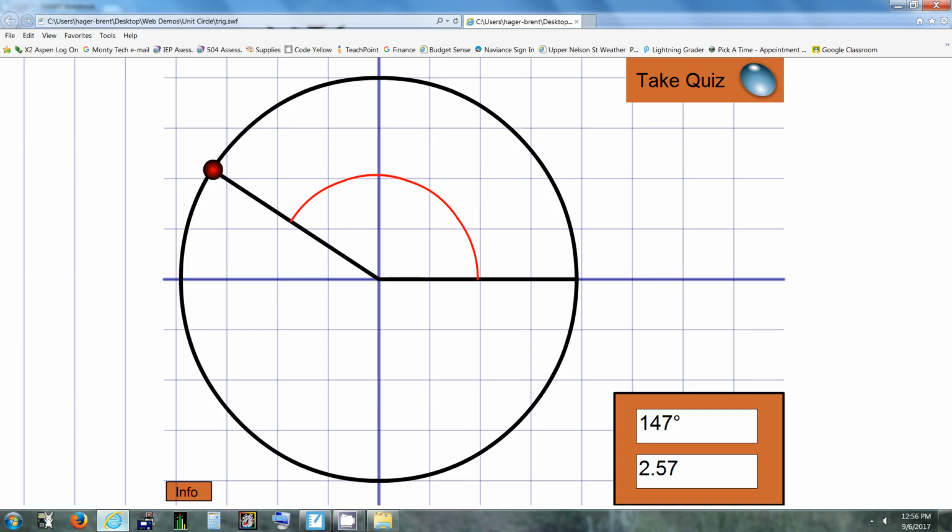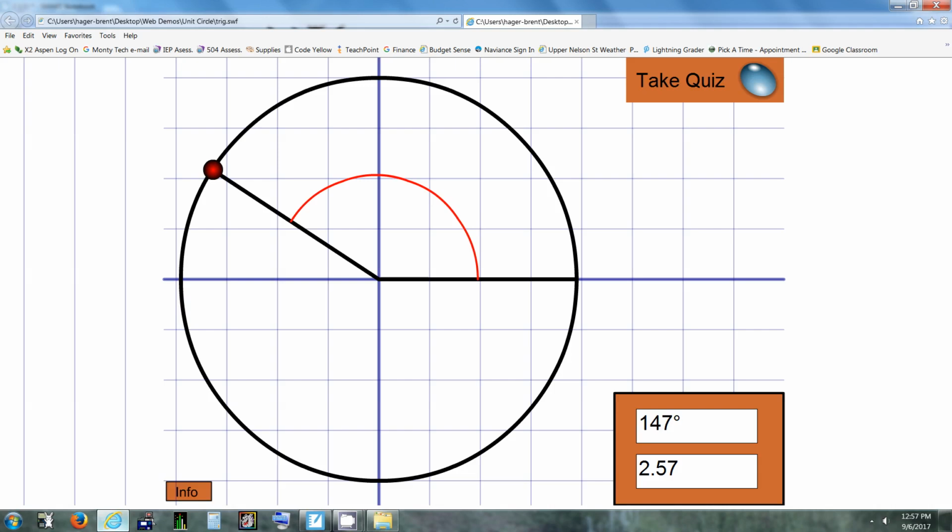But does anybody know why there's two numbers that are measuring this angle? Does anybody know what either one of those numbers are? One's in radians and one's in degrees. So that's what we're going to talk more about later on. Specifically, how do you convert between the two? All right. So counterclockwise is a positive angle.